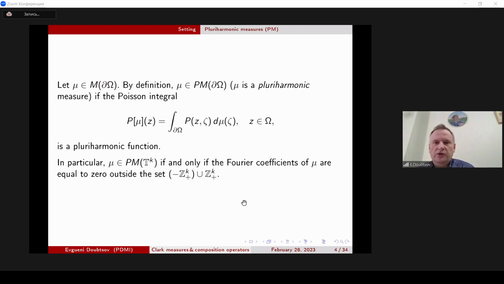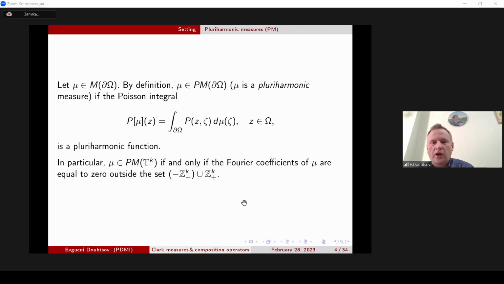Every harmonic function is the real part of a holomorphic function. If you have at least two variables, this is of course a restriction. If the measure is real, the Poisson kernel is real, and this is the real part of a holomorphic function. If the measure is not real, then we can impose these restrictions on both the real and the imaginary parts of the corresponding function P of mu of z.